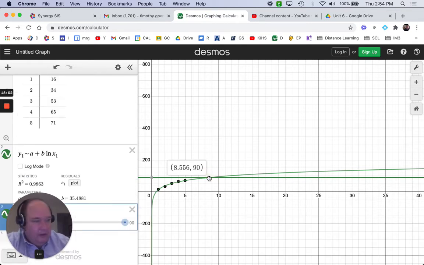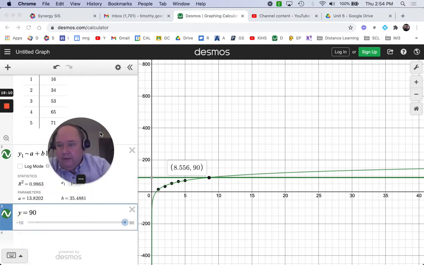So the model we're going to use is this. F of x equals A is 13.82, so like 14. B is 35. We're just rounding. And then, when will it reach?